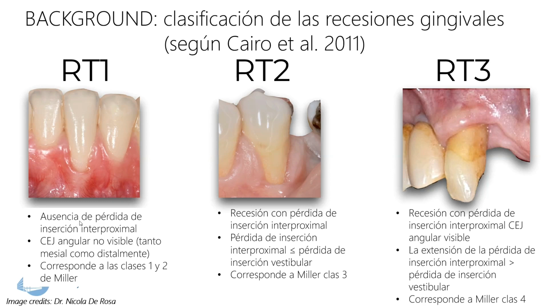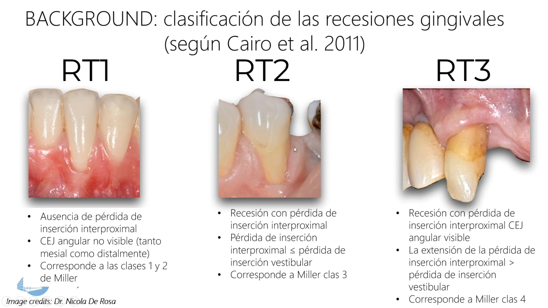This is due to the absence of loss of interproximal attachment; the gingival recession is just over the root of the element. This corresponds to the old classes 1 and 2 of Miller, while RT2 is a bit more severe than RT1, and it is not possible to predict complete root coverage.